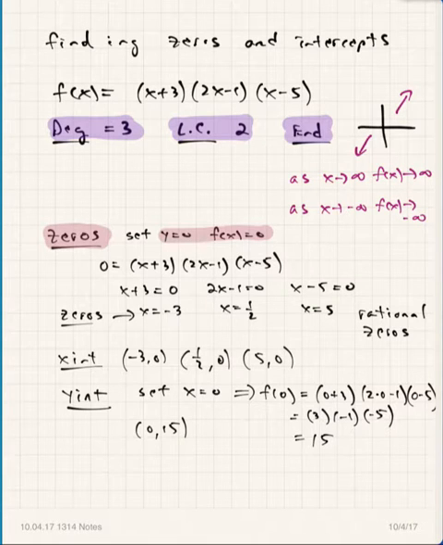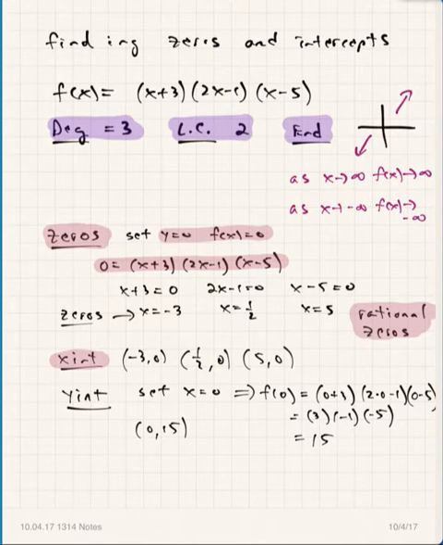And if the equation is in a factored form like this one is here, then those are easy to find, because you're just setting factors equal to 0. In this case, these were rational zeros. These were all fractions. And because these were rational zeros, you also got the x-intercepts, right? So we found the x-intercepts.